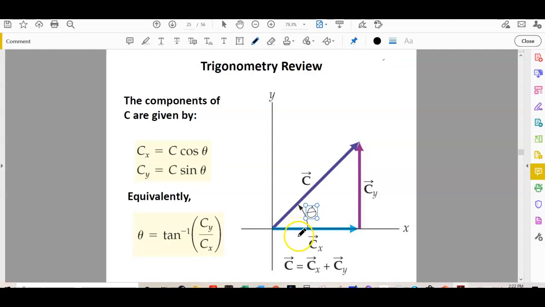So how do we get theta? How do we get, if we're given the length of this major vector as 4 meters per second, suppose it's a velocity vector, okay? So if we're given that, and we're given this angle theta, or suppose we're not given the angle theta, I don't know. But let's say we are given the angle theta for right now.